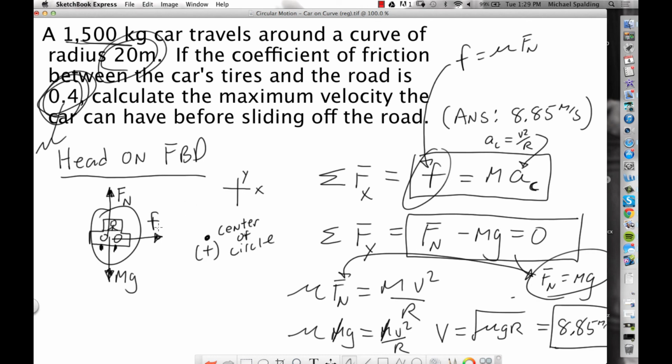But this friction here would be called a static friction. Why would we call that a static friction? Is the car moving this way? Or is it moving out of the screen? Out of the screen. There's no motion in the x direction. So we call that a static friction. The friction pointing behind the car would be a kinetic friction.